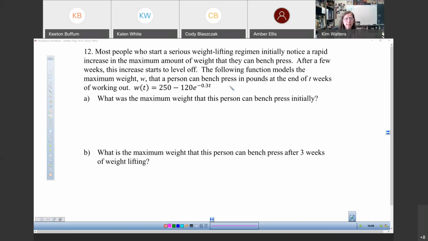If you happen to be a sociology major and you're worried about what's going to happen when a population is going to explode, when they're going to outgrow a particular place, exponential functions. We're kind of hoping that COVID-19 becomes a decreasing exponential function, but right now it's kind of an increasing function.